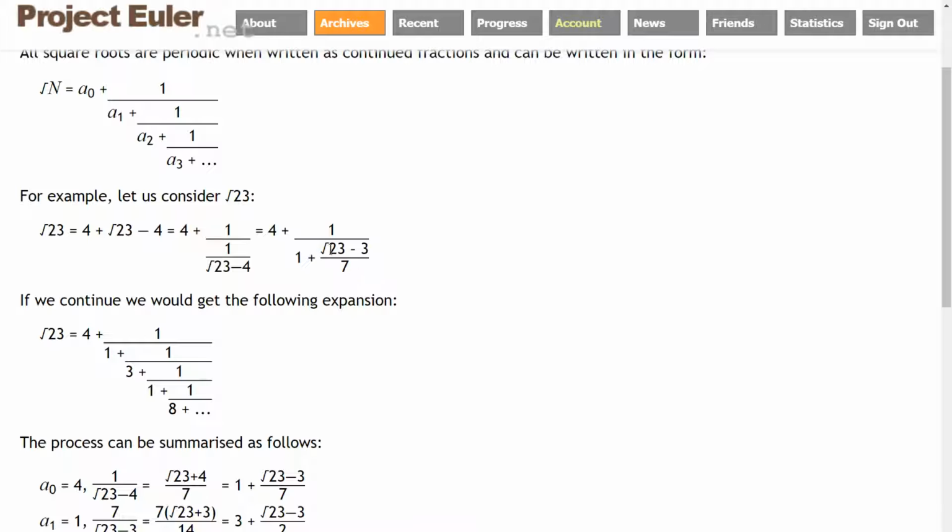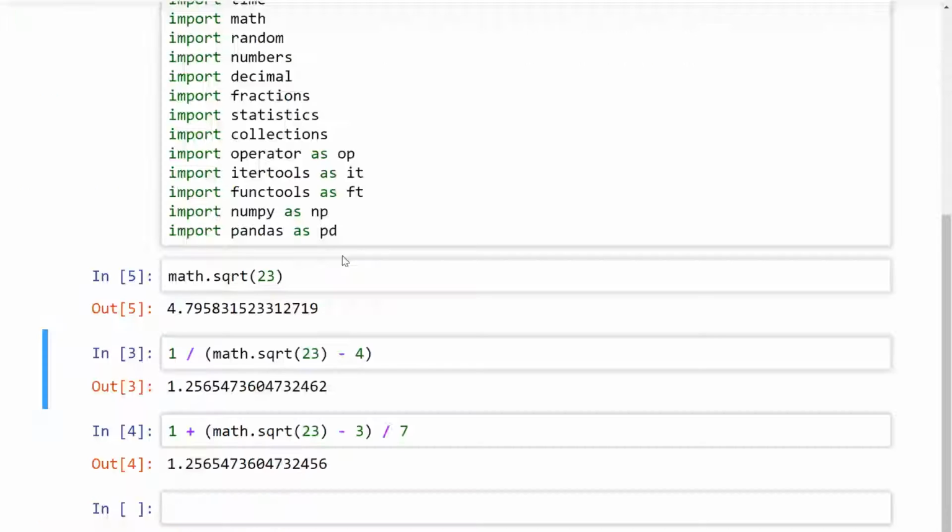No, just based on the lower value of this. So the floor of this, right? So that would be 1.